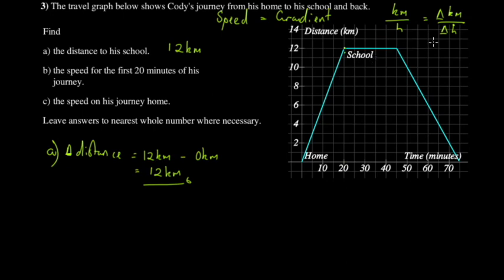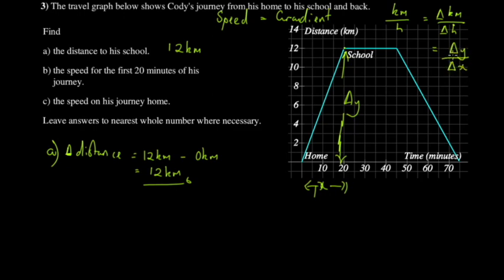So this is what we define as the gradient for this curve here, because change in distance is the vertical, so you can think of it as delta y. Then change in time, you can think of it as delta x. So you're actually dealing with delta y over delta x.